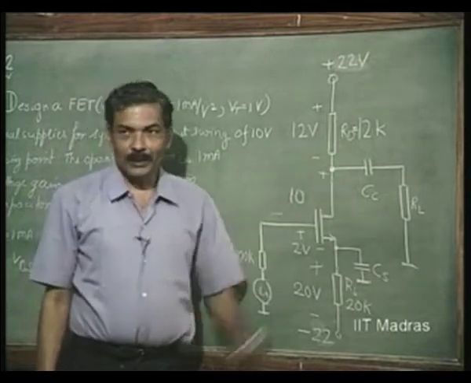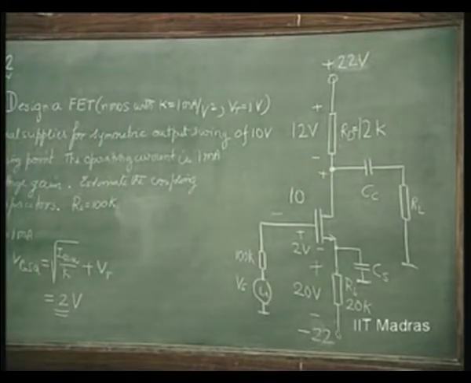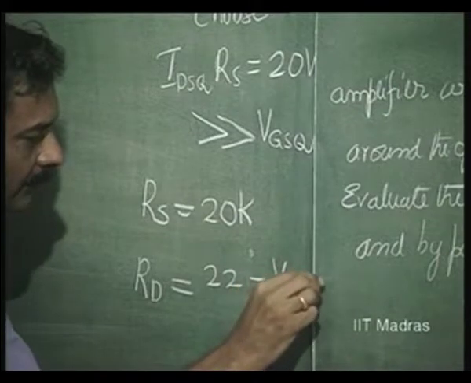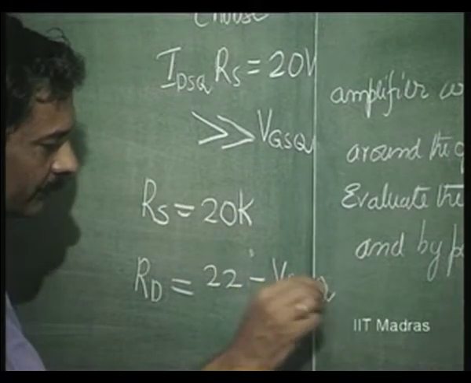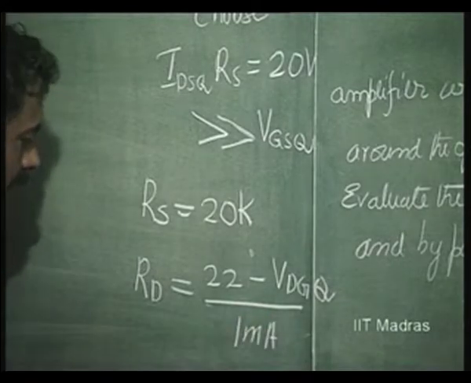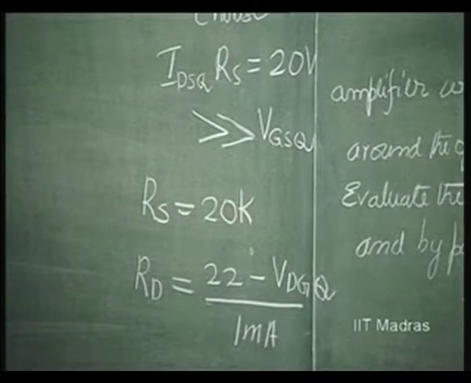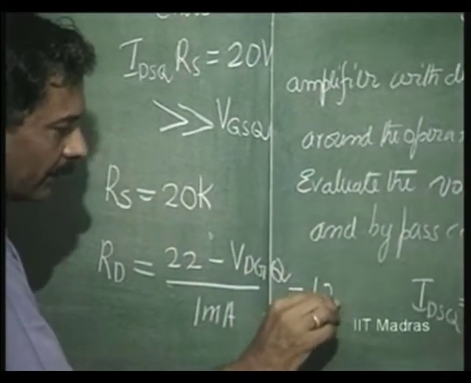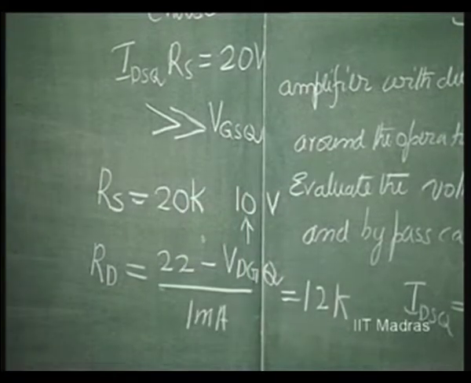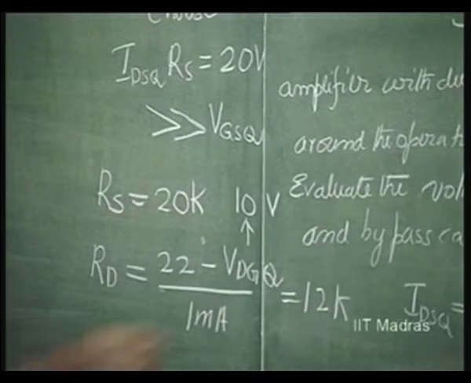If RD is 12K, RD is equal to 22 minus VDGQ divided by 1 milliampere. This is equal to 12K. This being chosen as 10 volts. That is because of the swing possibility.